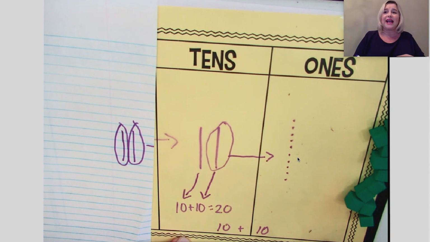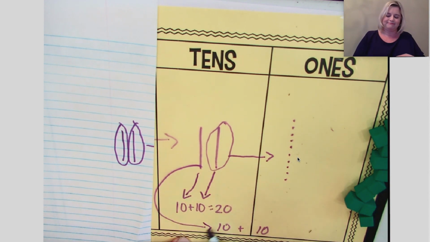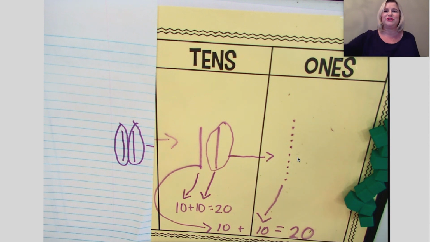So the first addend 10 comes from this 10 rod. The second addend 10 comes from our ones place. And that equals 20. The 20 in the equation comes from the 10 rod and the ten ones. We know that 10 plus 10 equals 20.